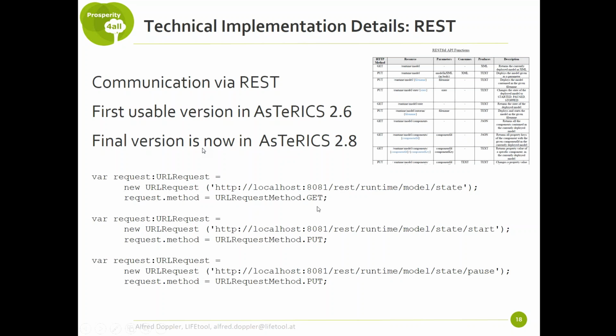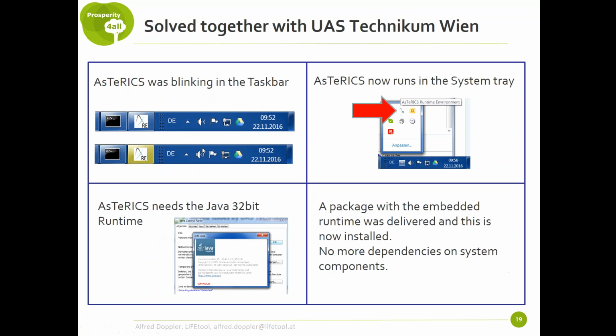On this way to the final product, we had to solve some issues because there were some things from the end user's perspective that you just could not keep in the program. Yeah, and so we sat together with the developers and told them what kind of trouble we have and where we would need a solution. One thing was when you were starting AsTeRICS parallel to our program, it was blinking in the taskbar because we were basically starting two programs at the same time.